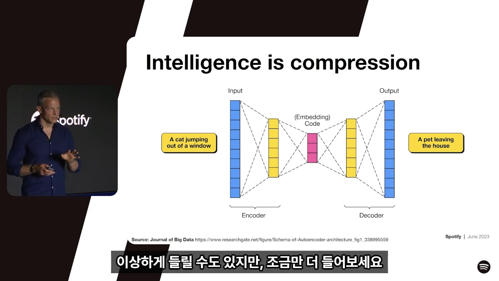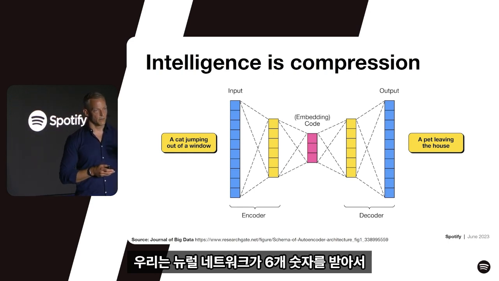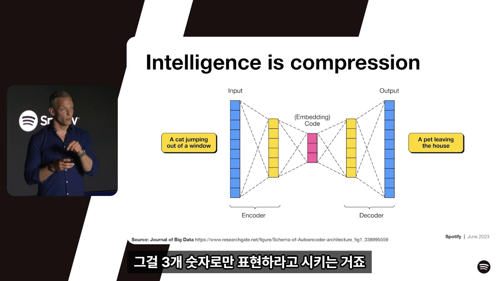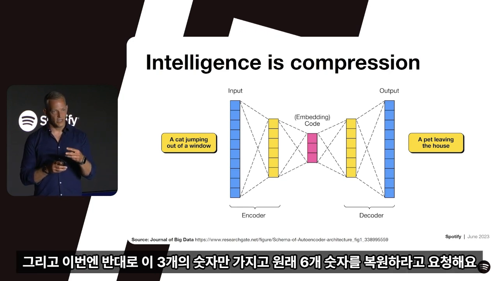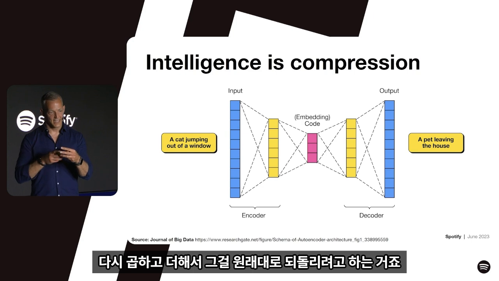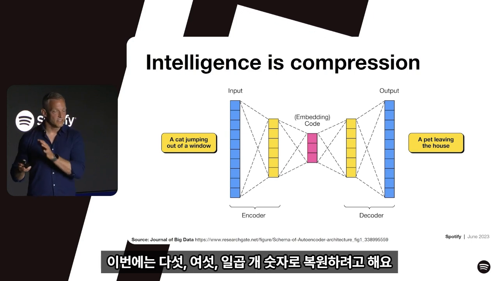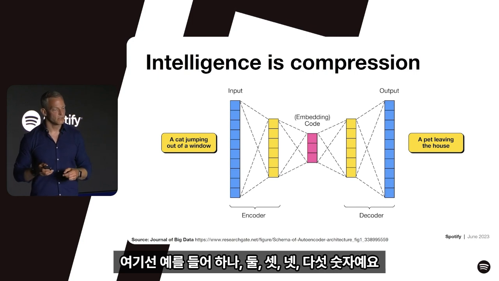I know it seems weird, but hang on. We force the network to take 6 numbers that represent the full sentence and represent it with only 3 numbers. And now you ask the network to do the opposite. From these 3 numbers, it multiplies and tries to turn it back into 6 numbers.